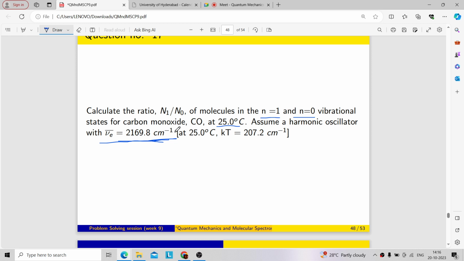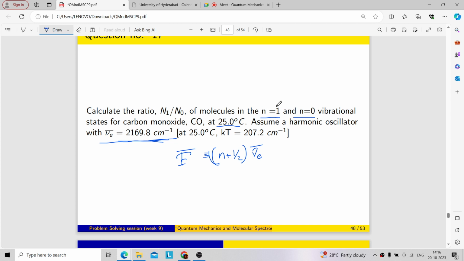So for vibrational motion we can assume the motion to be approximately simple harmonic oscillation. In that case, the energy is given in terms of wave number, so let me write E bar. This will be equal to n plus half nu bar.